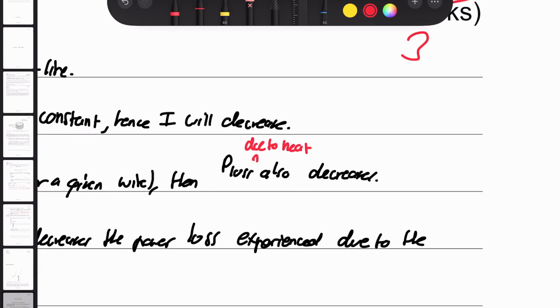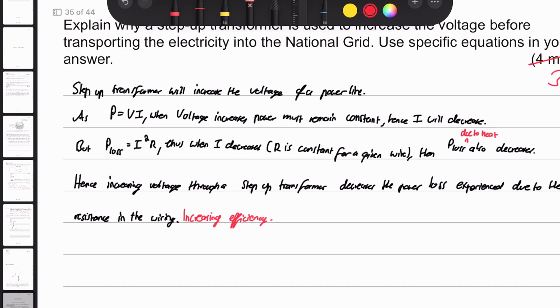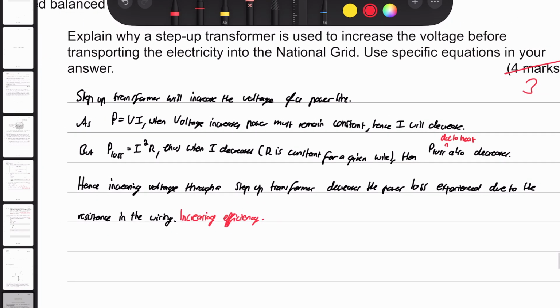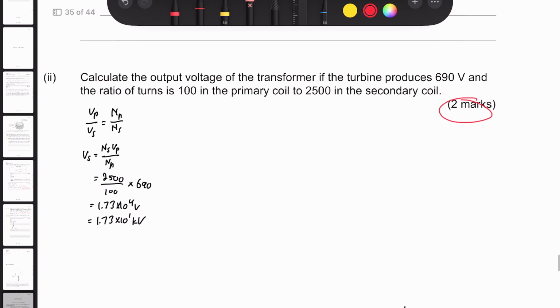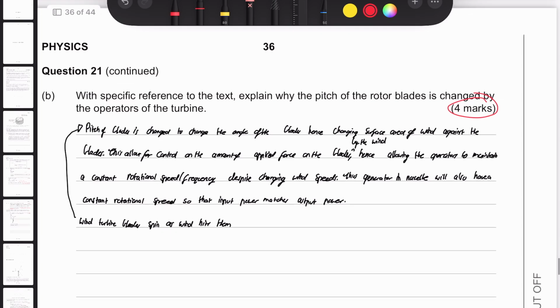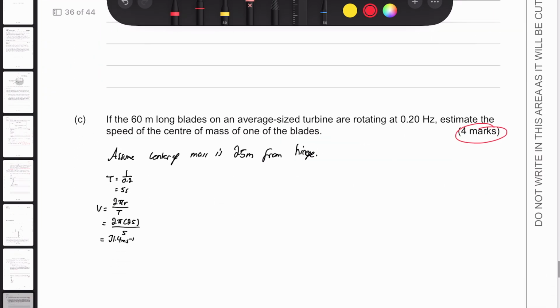I think that was one of the things they had in brackets as well. Power is lost as heat. The lower the current, the lower the power loss due to heat. So I lost 1 mark there. Going down, I think the rest of this was all good.